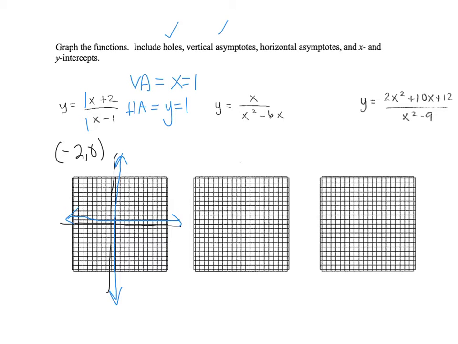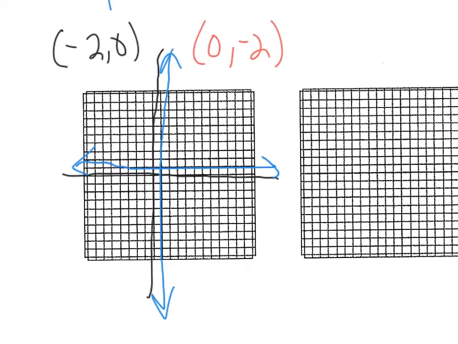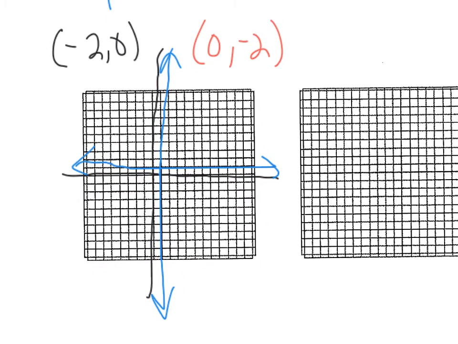So 0 plus 2 over 0 minus 1 is negative 2, so (0, negative 2). I'm going to zoom in a little bit. So I plot (negative 2, 0) right here, and then (0, negative 2).